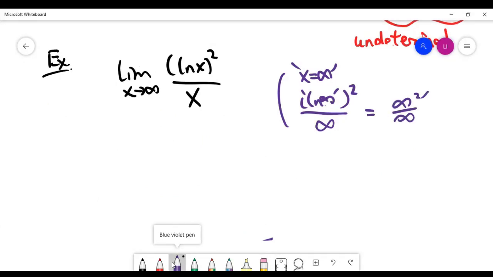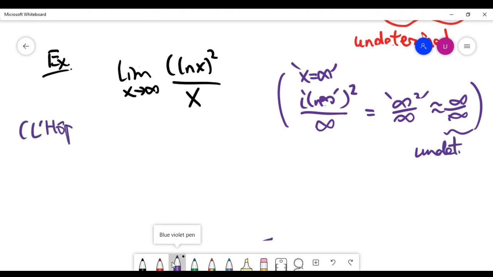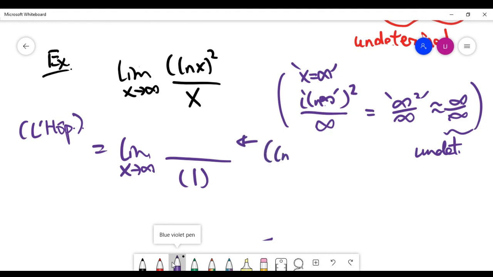So you kind of have something like this, which is once again an undetermined item. And it gives us a chance to use L'Hopital's rule as follows. And this one actually equals the limit as x goes to infinity. The bottom now becomes 1 because it's the derivative of x in the bottom. How about the top? The top should be the derivative of ln x, the whole thing squared.